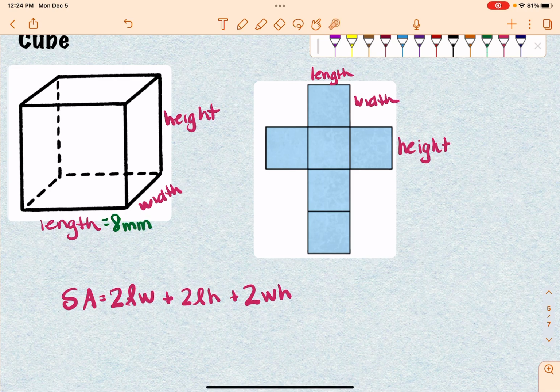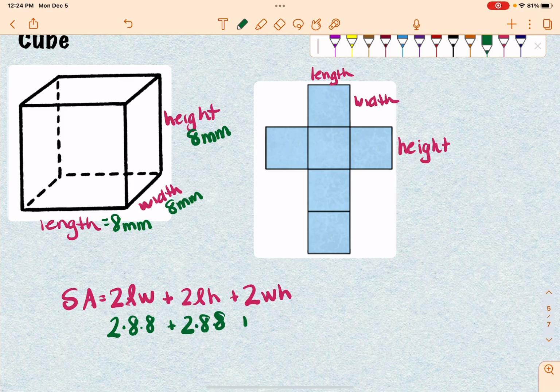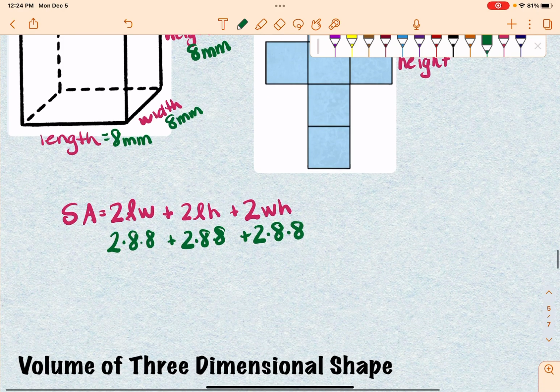That means that every single one of these has to be the same. So this one's going to have to be 8 millimeters, and so is this. So when I plug them in, all of the variables are going to be 8. So actually a little bit easier compared to what we did before.